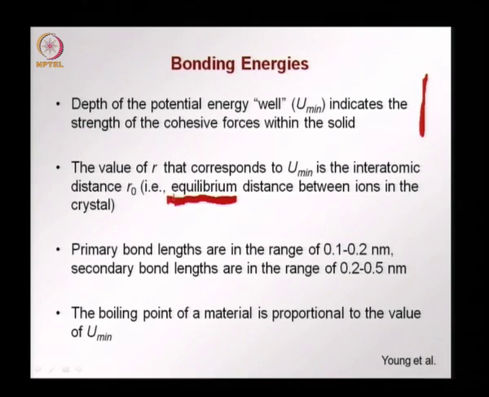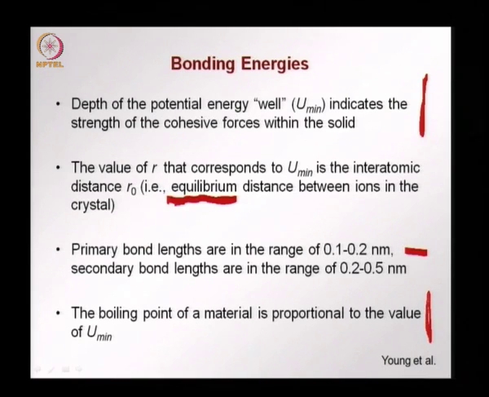Primary bond lengths, that is the strong bond lengths, are lower, in the order of 0.1 to 0.2 nanometers. The secondary bond lengths are slightly more, 0.2 to 0.5 nanometers, but still we are talking about a nanometric scale. These are very small distances that occur at the molecular level.